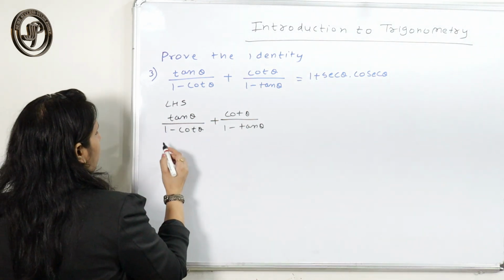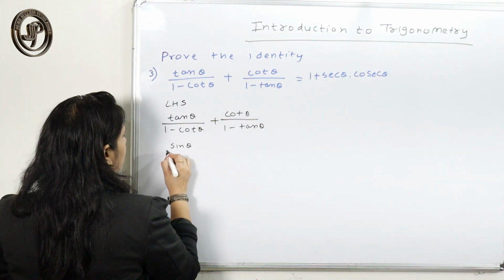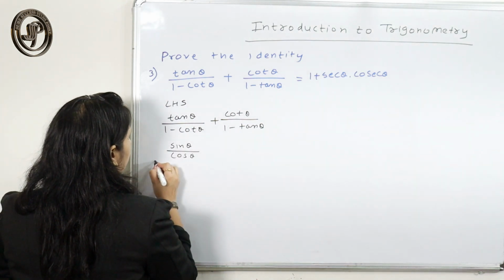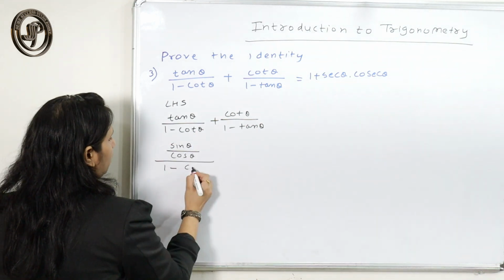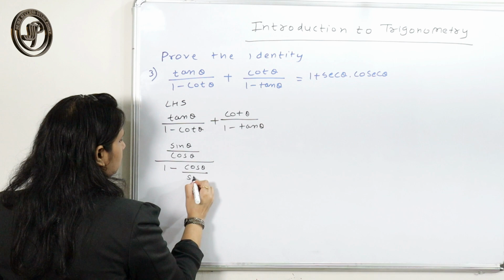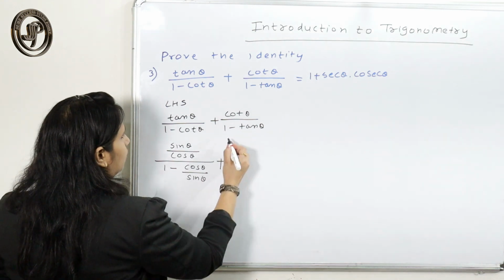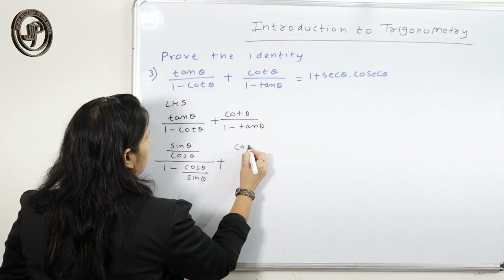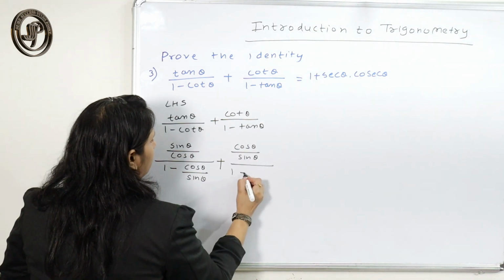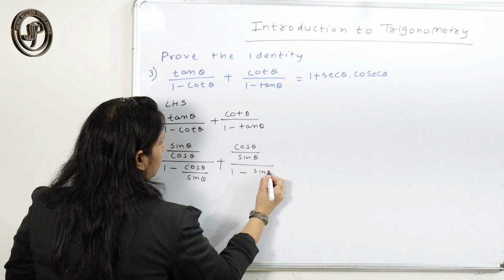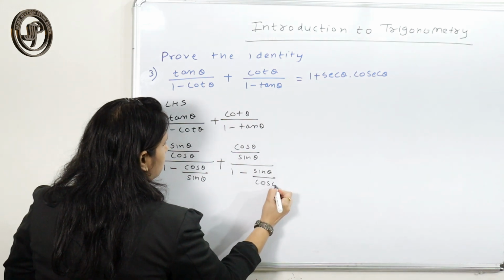Okay, so tan theta can be converted into sin theta by cos theta. This cot theta can be written as cos theta by sin theta. Cot theta can be written as cos theta by sin theta. Here it is written as sin theta by cos theta.